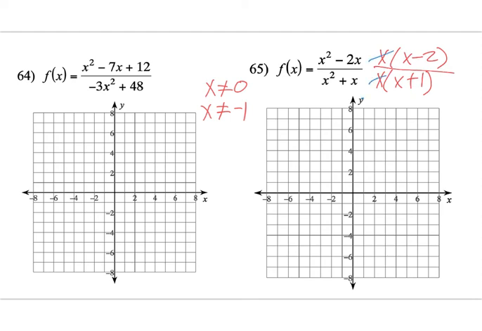But then, when I cancel out those x's, we have a different function going on. We have a function that would have a horizontal asymptote at 1 because my leading coefficients for same degree top and bottom are going to divide to 1. And we have a vertical asymptote at negative 1 based on the remaining piece there. However, we're basing our graph off of our original equation, which means we can't use 0 either.